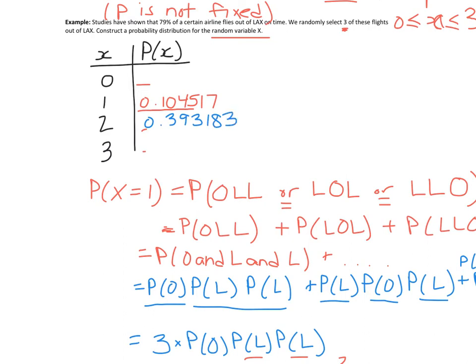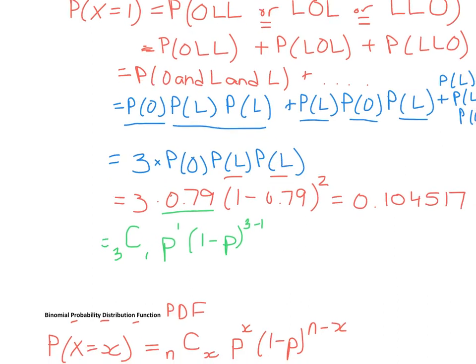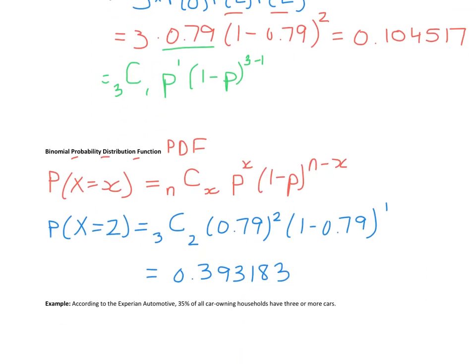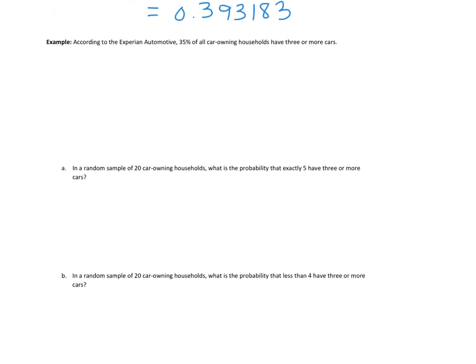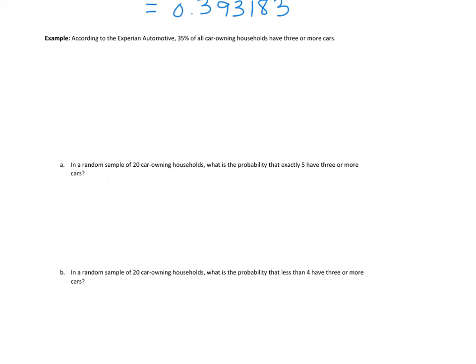All right, so let's look at a more complicated example. According to Experian Automotive, 35% of all car-owning households have 3 or more cars. Let's look at this first example. It says in a random sample of 20 car-owning households, what is the probability that exactly 5 have 3 or more cars?